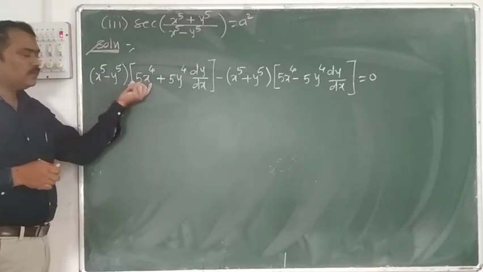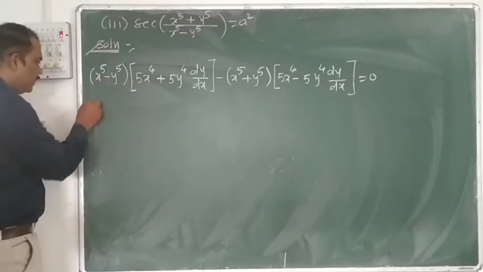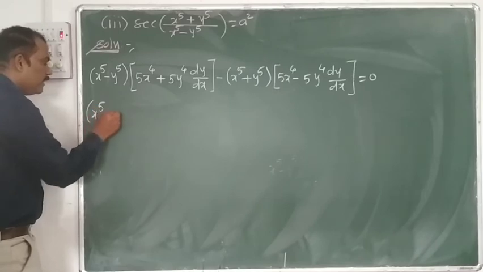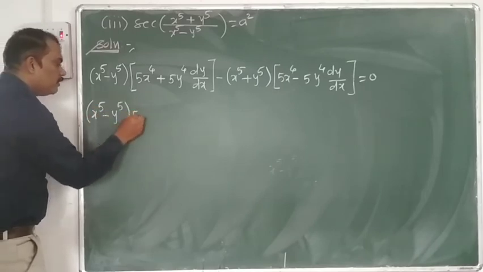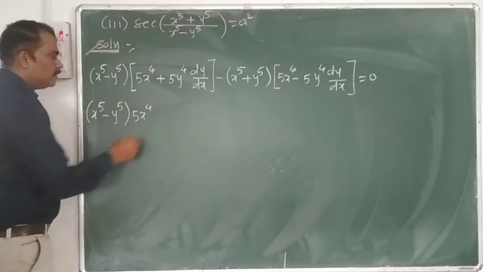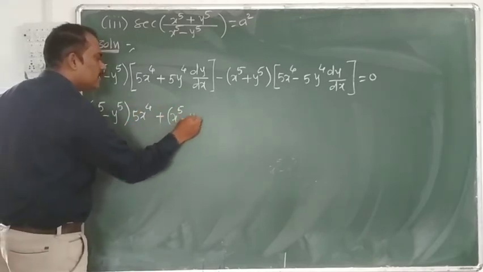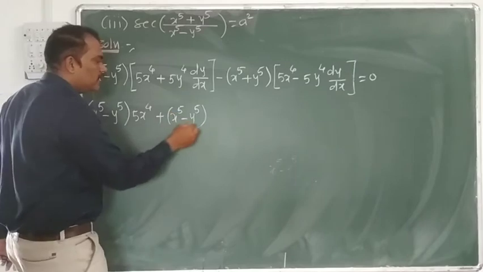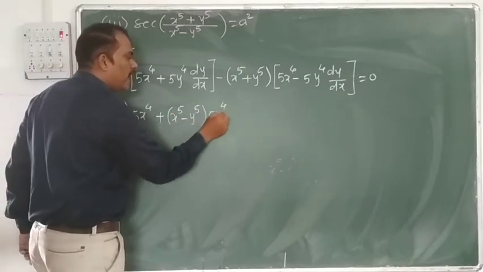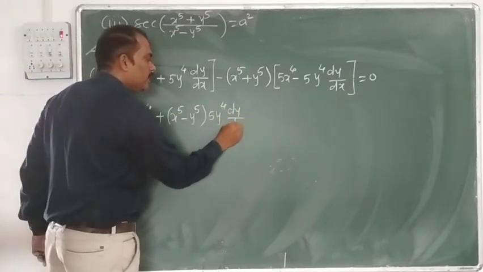This bracket into this first term, so that we can write x raised to 5 minus y raised to 5 into 5 times x raised to 4, plus this bracket, x raised to 5 minus y raised to 5, into this term, that is 5 times y raised to 4 into dy by dx.